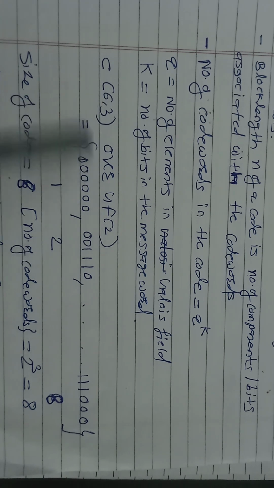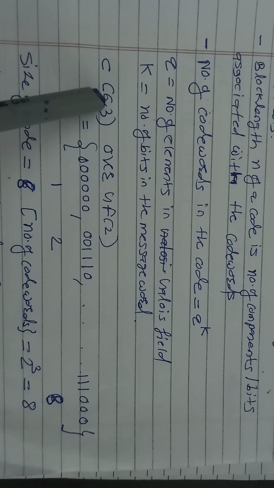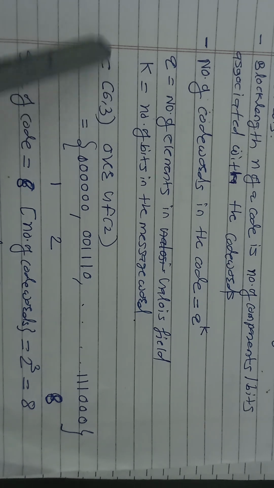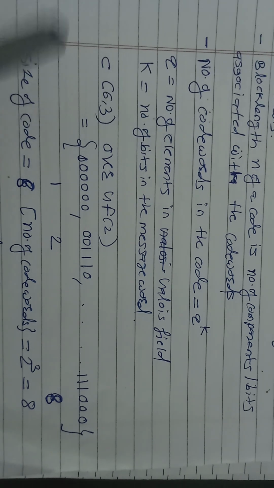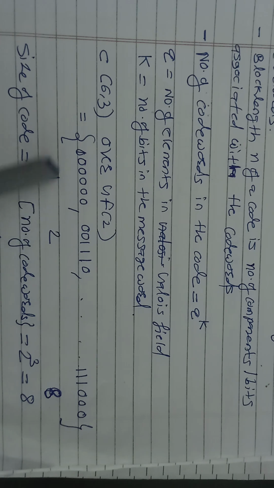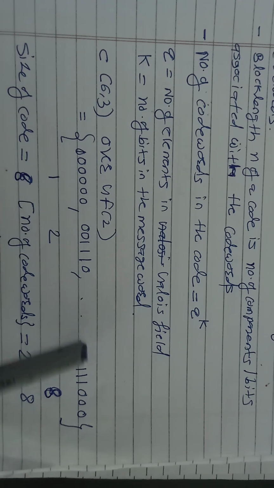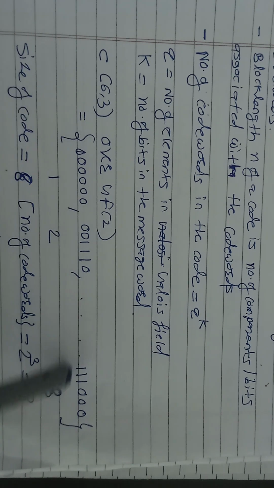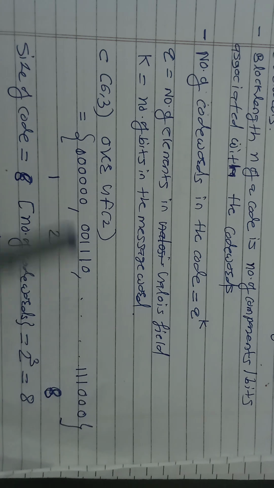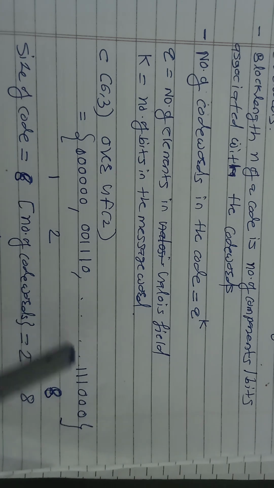So the code word is of length 6, which is called the block length of that code. So this is a block code. It is a group of code words, and each code word is of the same length, so it is a block code.